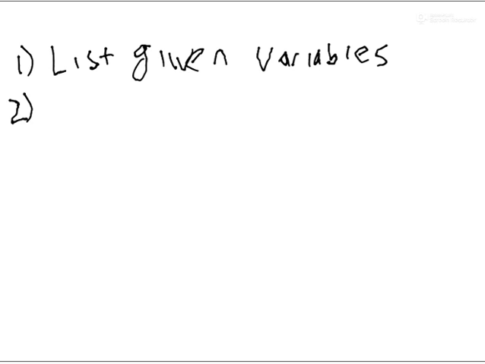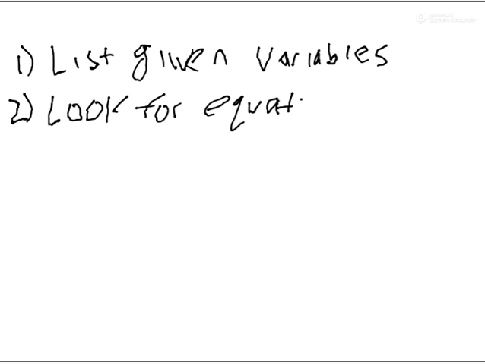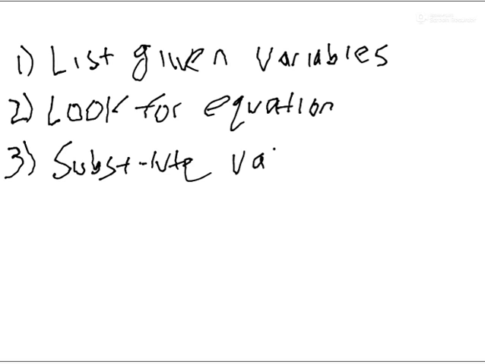So you want to look for the proper equation: one that you can substitute those variables into and find your unknown, which leads us to the last part, substituting values. That's the last part of the problem-solving strategy.